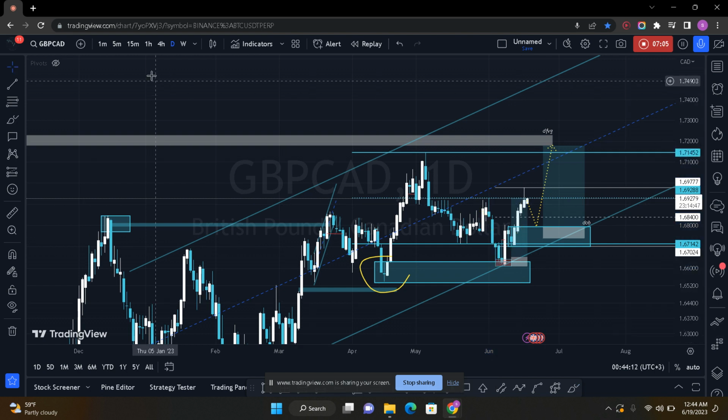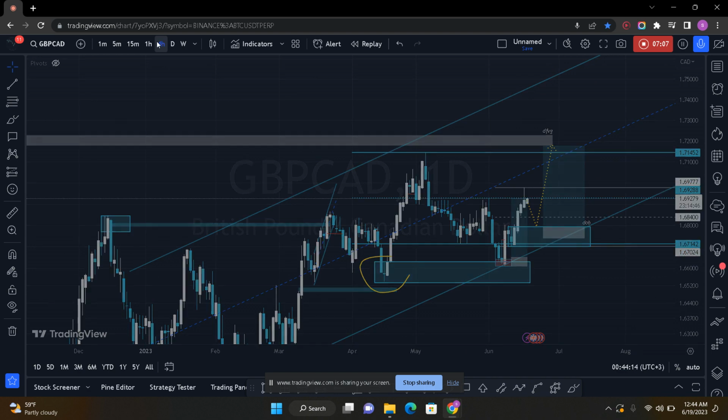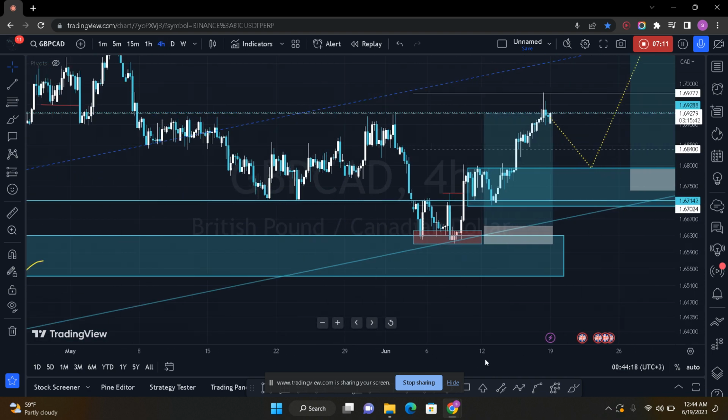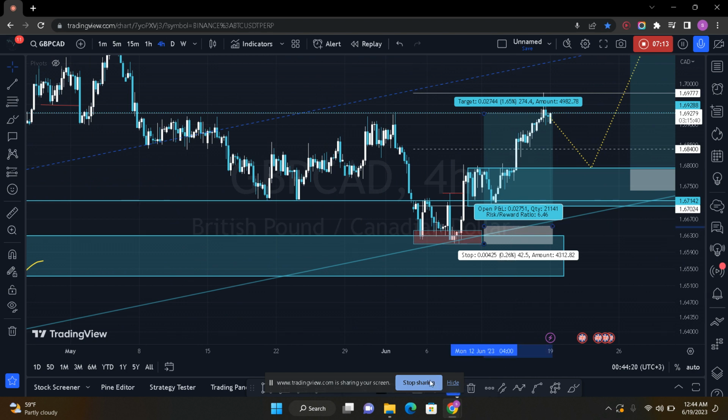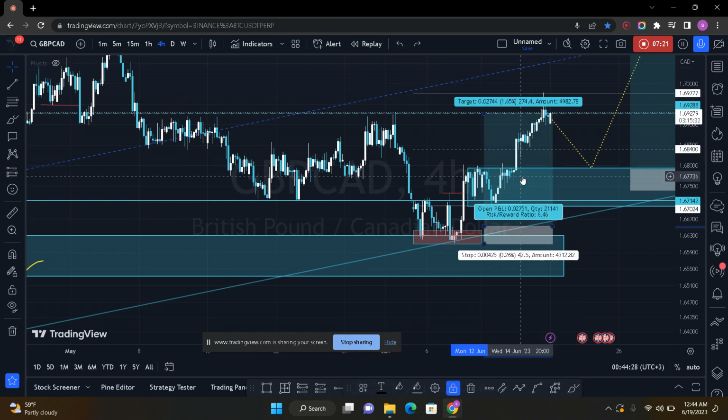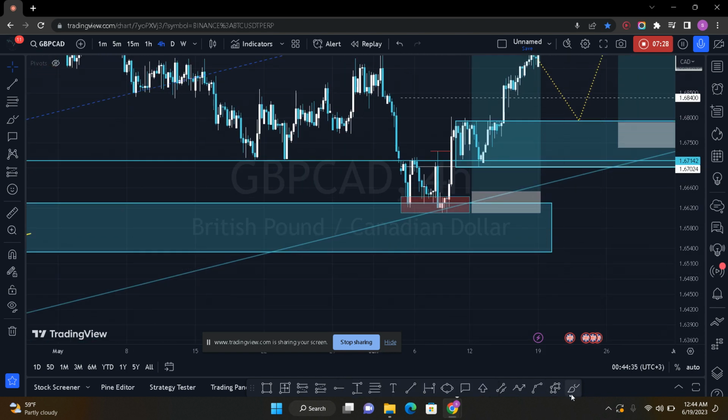However, as you can see, let's zoom into the lower time frame, the 4-hourly. As a matter of fact, this right here is the position tool that I was using. Let me make it a bit more visible. Here was my logic for the trade.